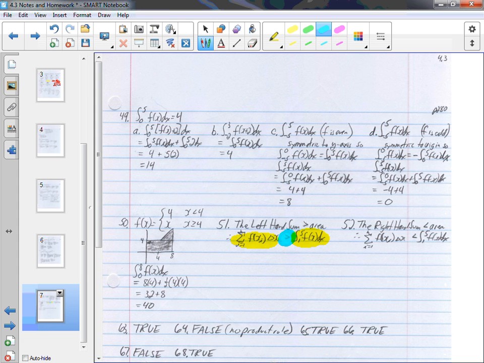It says the interval from 1 to 5 is partitioned into n subintervals of equal width delta x, and xi is the left endpoint of the ith subinterval. They ask us if the sum is greater than, less than, or equal to the integral. Our picture looks like this.